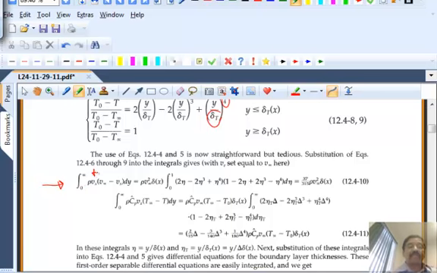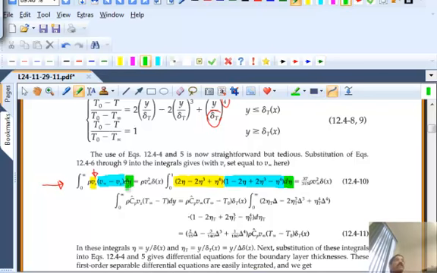So for Vx, this particular term, you have this, which is the velocity profile assumed. Then for the next term, V infinity minus Vx, it is this part. An integral is with respect to dy. Okay? And you carry out this integration.